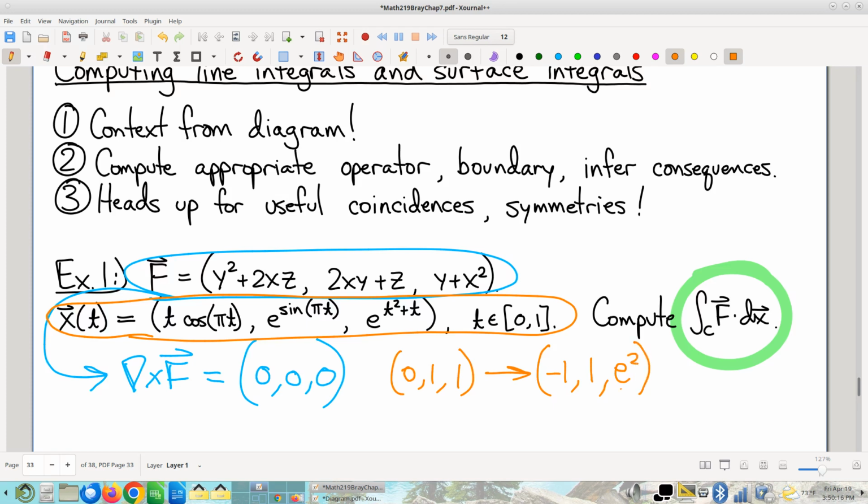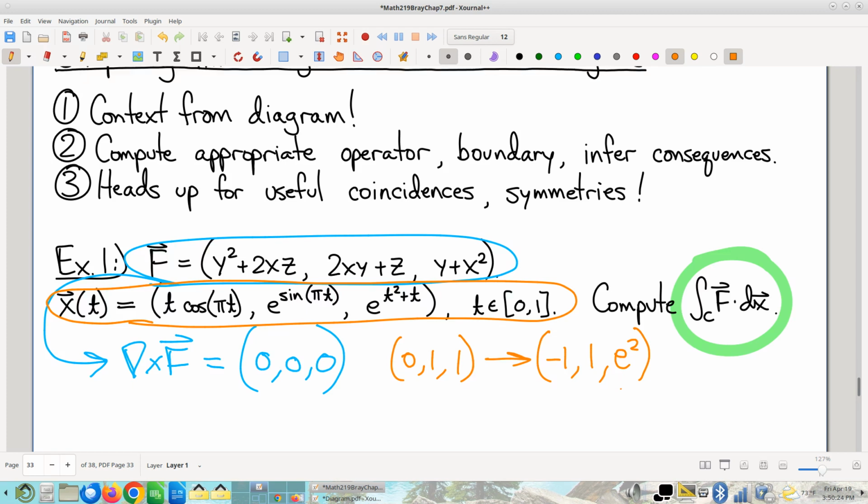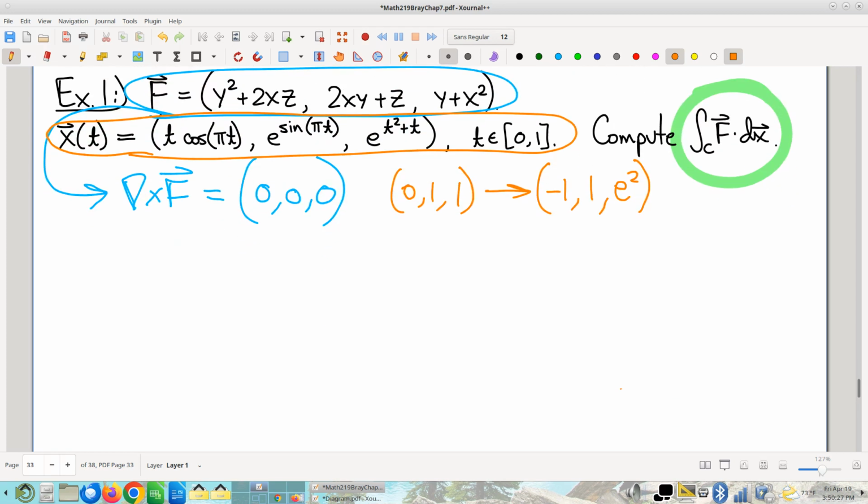Okay, so this is our boundary. This curve has a starting point and an ending point. So what? What does that tell me? Well, just figuratively, it starts at one point and then it ends at another point.